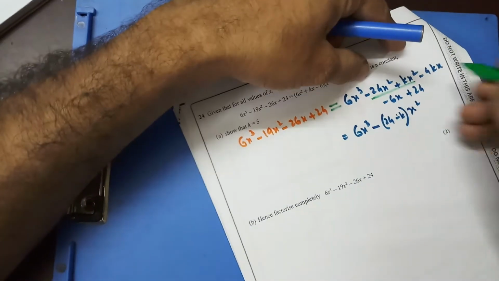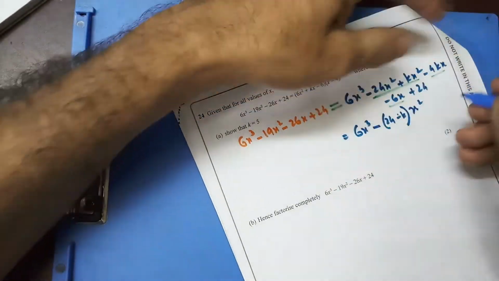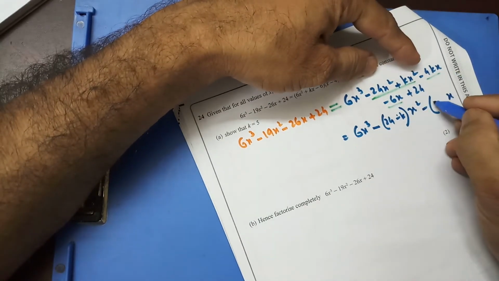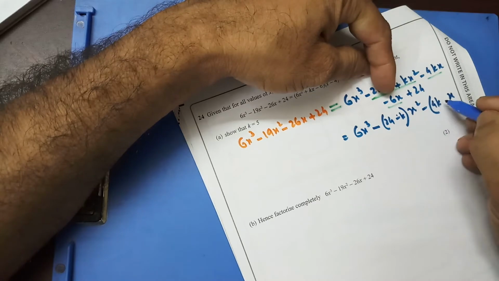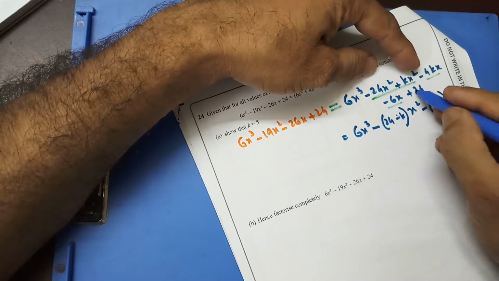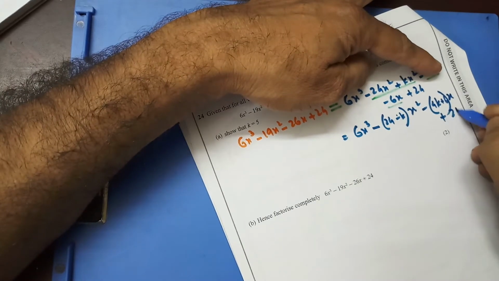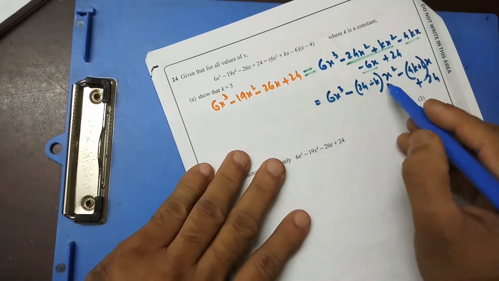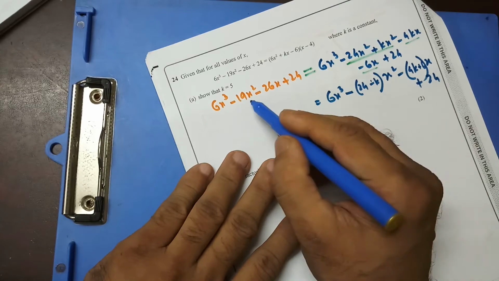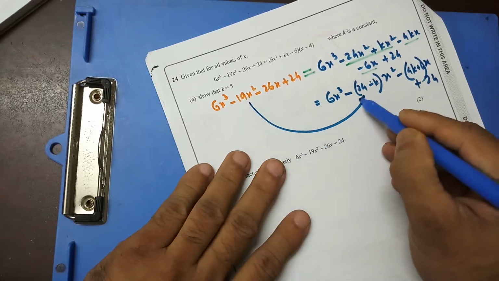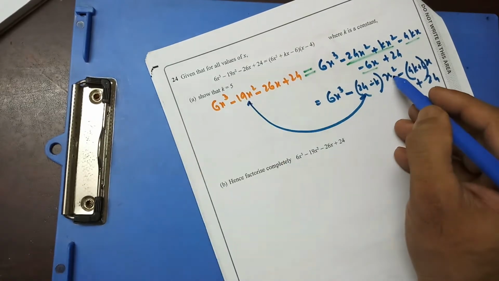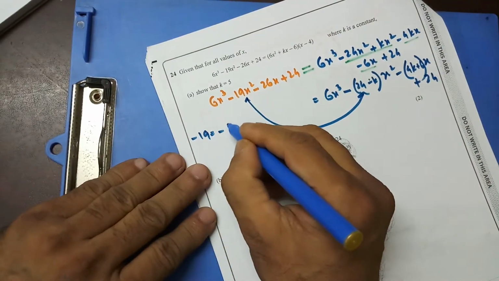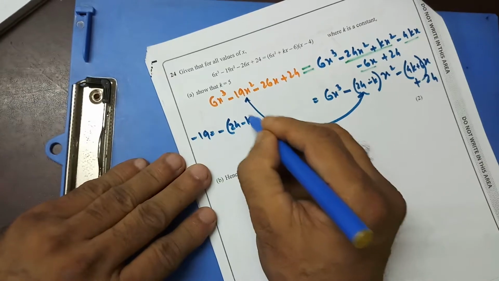And these are like terms, so if I take minus x common, then I'm going to have here 4k plus 6, and of course I have this 24 right here. So when I equate the coefficients, I need to find out the value of k. If I take the coefficient of x squared, minus 19 equals minus 24 minus k.